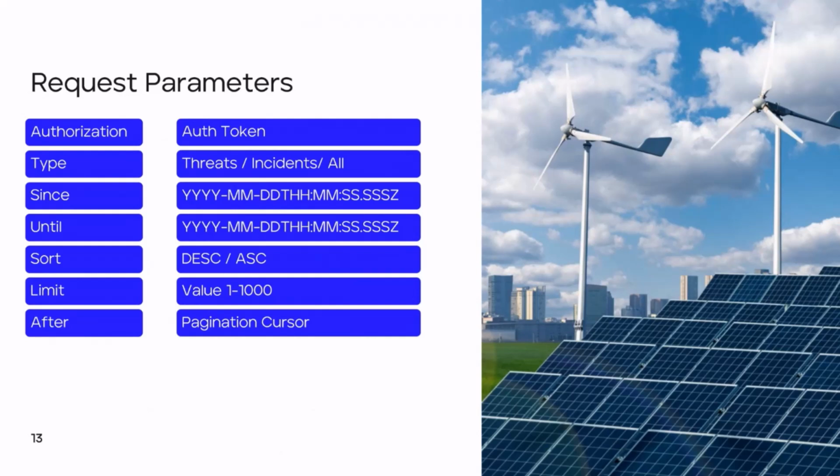When you use the since and until parameters, there's a very specific date format that must be populated. You'll use a 4-digit year, a 2-digit month, a 2-digit day, followed by the specific timestamp. You must include the T and Z characters in accordance with the ISO 8601 date format.